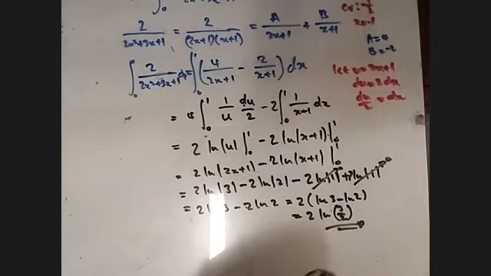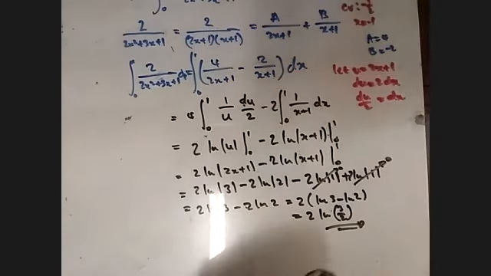So this becomes the integral from 1 to 2 of 2 over y dy, plus 9 over 5 integral from 1 to 2 of 1 over y plus 2 dy, plus 1/5 integral from 1 to 2 of 1 over y minus 3 dy.